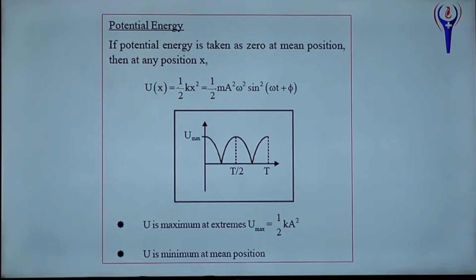And U is maximum at extreme position as half k a square, and U is minimum at mean position. So this is the wave for potential energy.